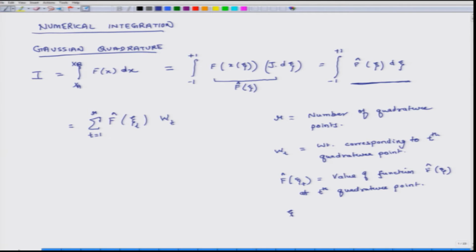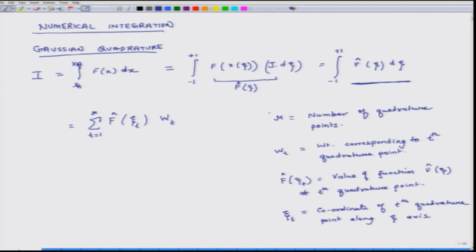And zeta t is equal to the coordinate of tth quadrature point along zeta axis.